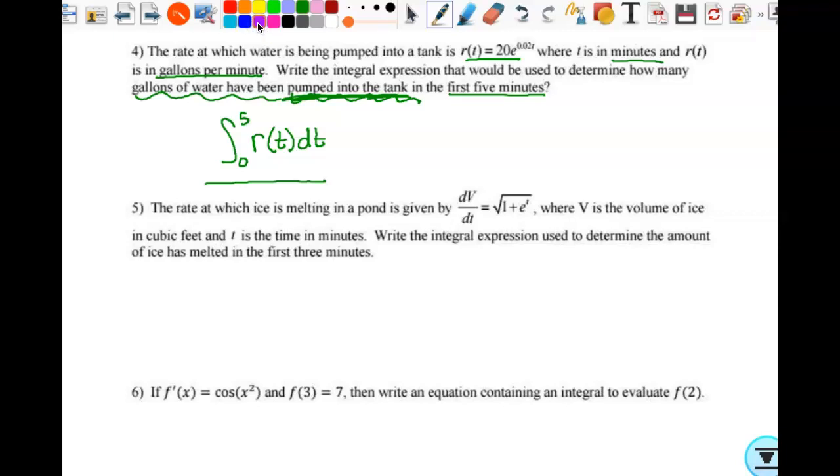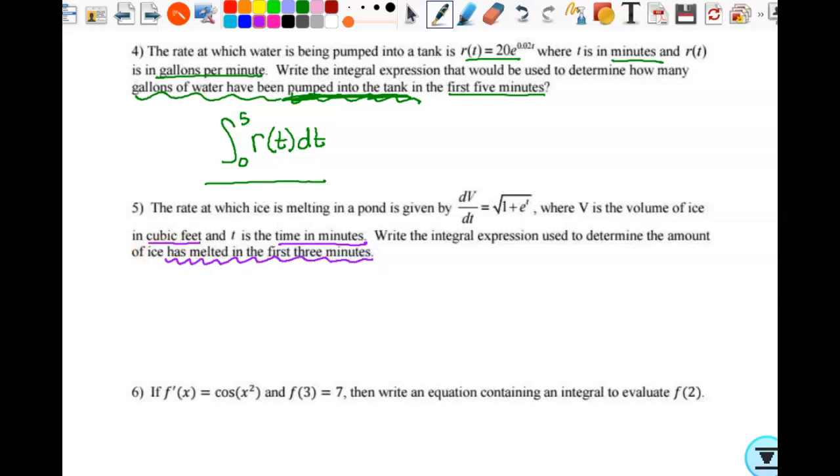The rate at which ice is melting in a pond is given here, where V is the volume of the ice in cubic feet and t is the time in minutes. Write an integral expression used to determine the amount of ice that has melted in the first 3 minutes.